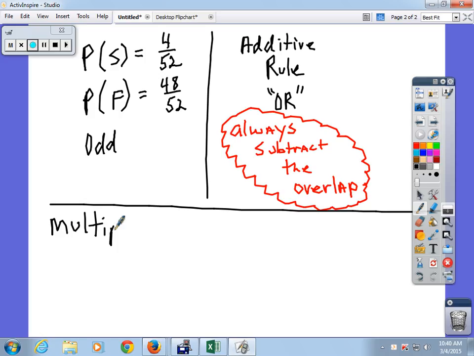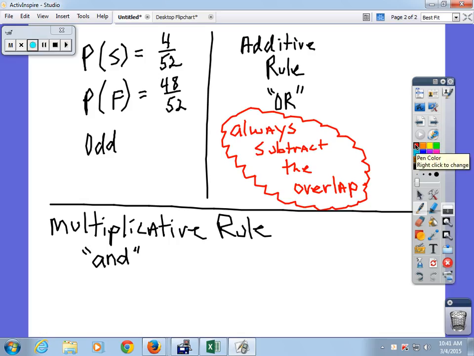Multiplicative. The multiplicative rule revolves around the word and. Now the only thing that you have to remember about the word and in the multiplicative rule is with or without replacement.